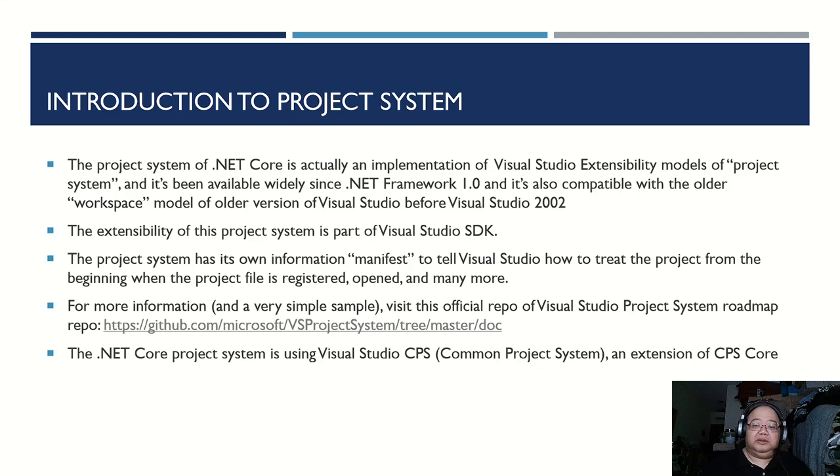At that time, it is compatible in a sense that they are using the same project model, but this project model is actually different in some way. I'll tell you later.